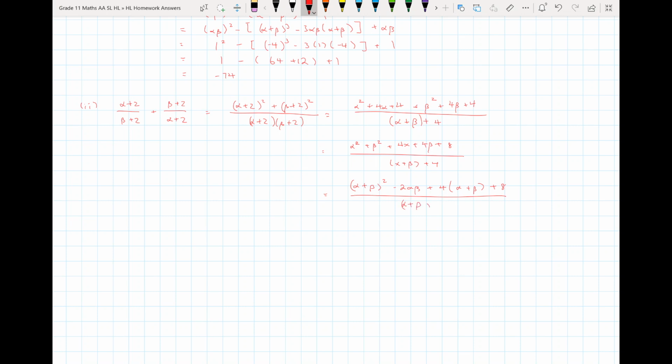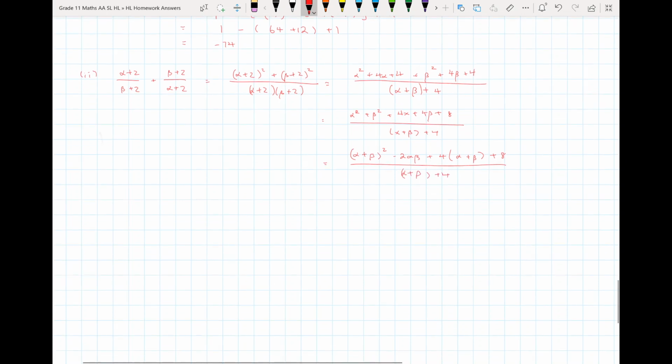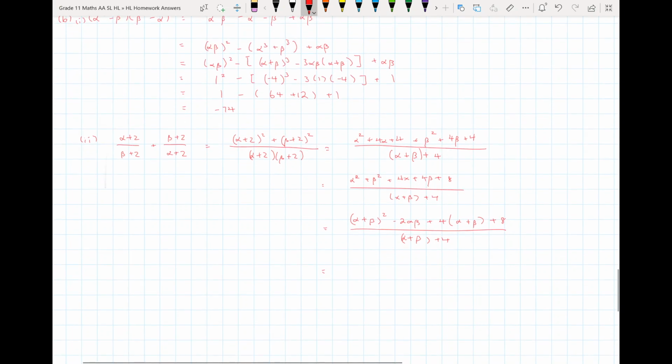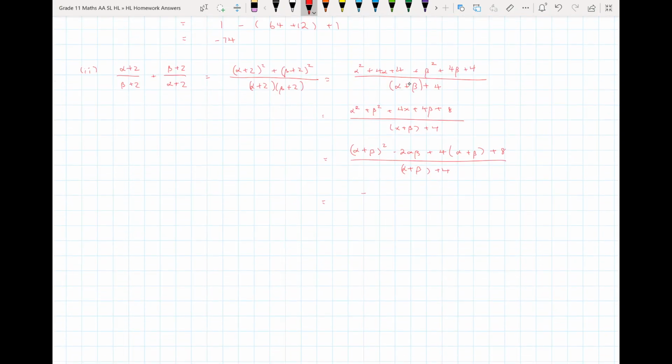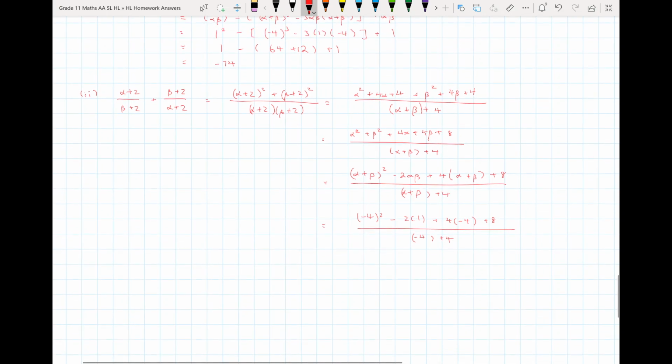And now I have everything in terms of sums and product. Okay, what are the numbers? It's minus 4 and 1. So this minus 4, 1, minus 4, minus 4. Oh no, why do I have a 0 on the bottom?